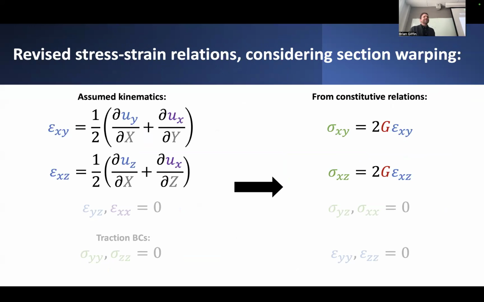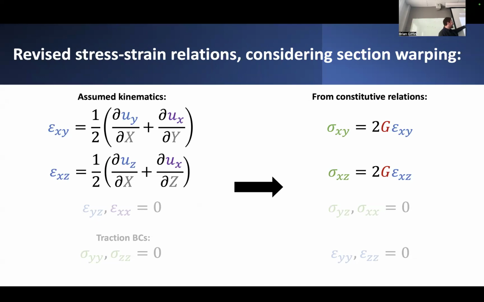And the complication here is that, previously I said, if you assume plane sections remain planar, it's valid to assume that this shear stress, the radial one represented in polar coordinates, will vary basically as a linear function of radial position relative to the center of this section. But that's no longer the case.